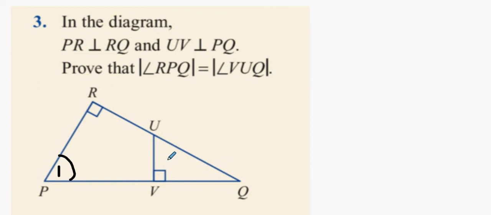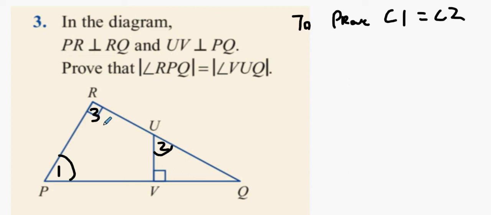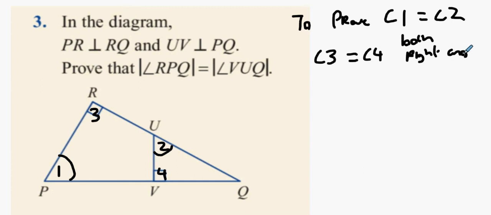Phi to U to Q, which is angle 2. Alright, to prove angle 1 equals angle 2. So we know that angle 3 equals angle 4, both right angles, which is given.